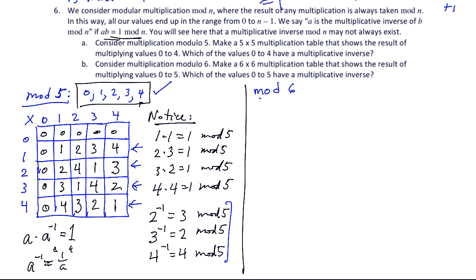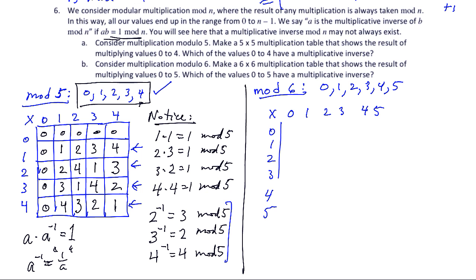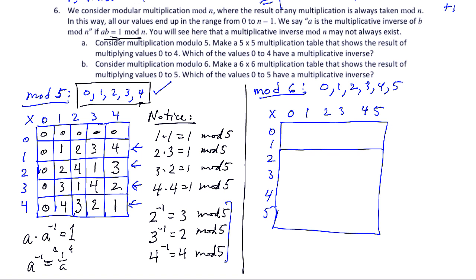Mod 6 world isn't as nice as the mod 5 world. We have 0, 1, 2, 3, 4, and 5. And if we make a multiplication table, it takes a few minutes to draw the thing, but I can do it.